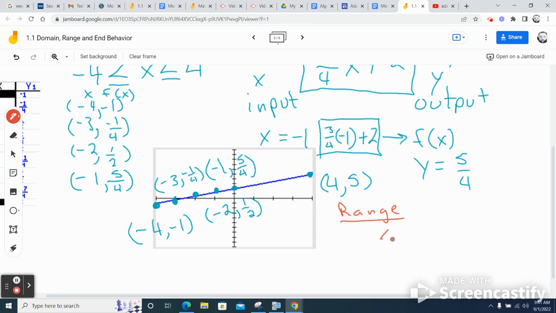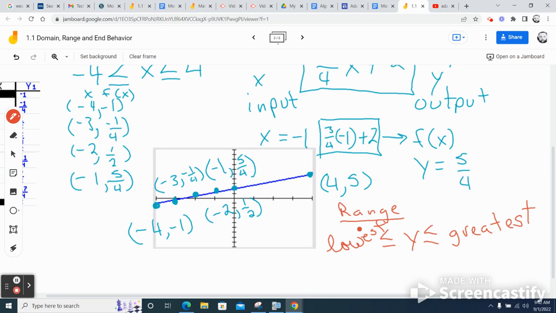So it's going to look like this. I need the lowest y value, and over here I need the greatest y value. So there's two ways we could do it. We could look at the graph in the up and down direction, right?